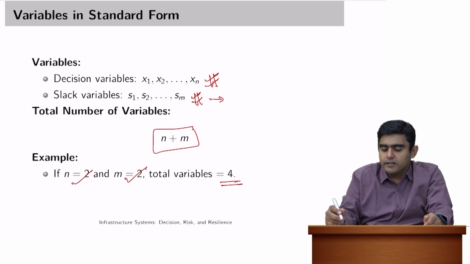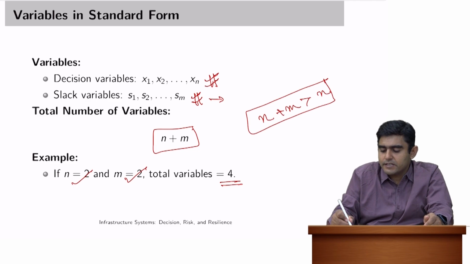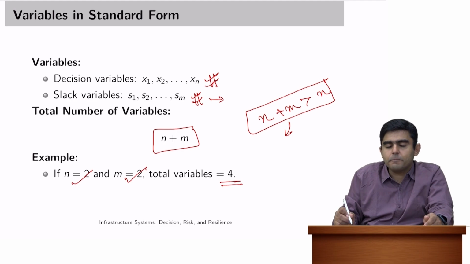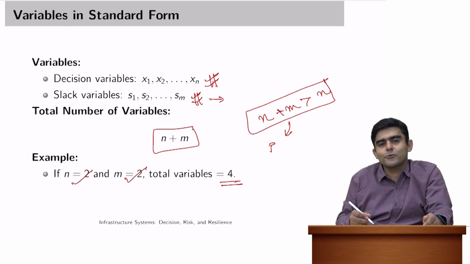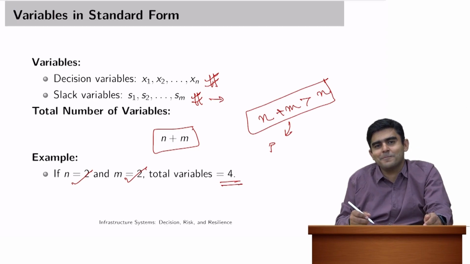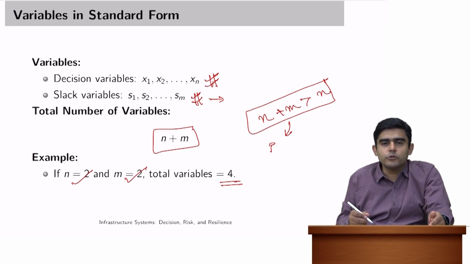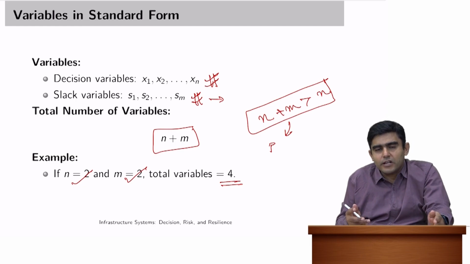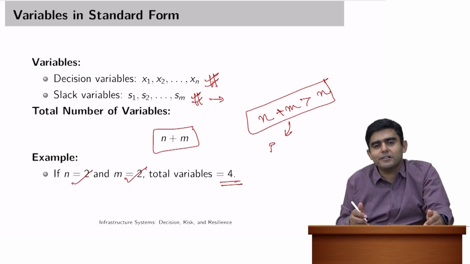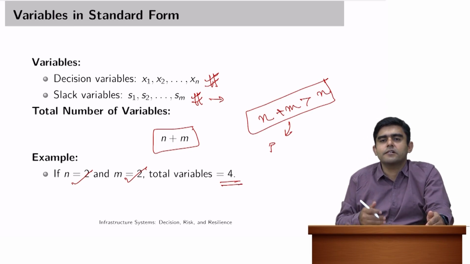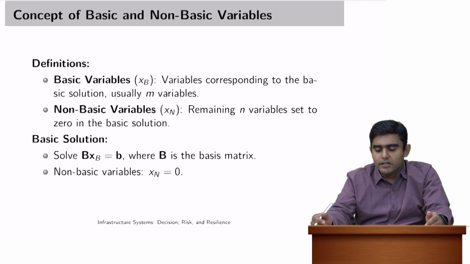The moment we do that, typically we will have more variables than equations, and that is where we may have to apply the concept of selecting certain variables to be equal to 0, because we can never solve a system where we have more variables than equations. So to do that, we would apply, I should not say a trick, but an approach, what we call selecting certain variables as basic variables and certain variables as non-basic variables, and find our solution.